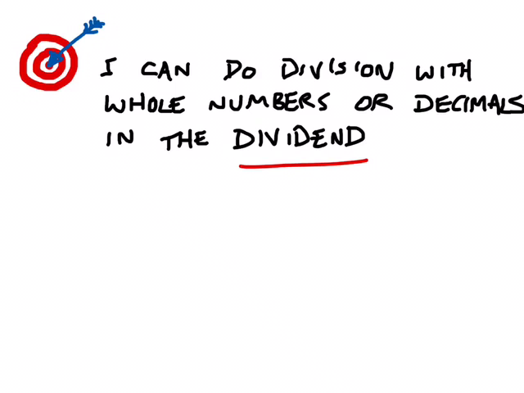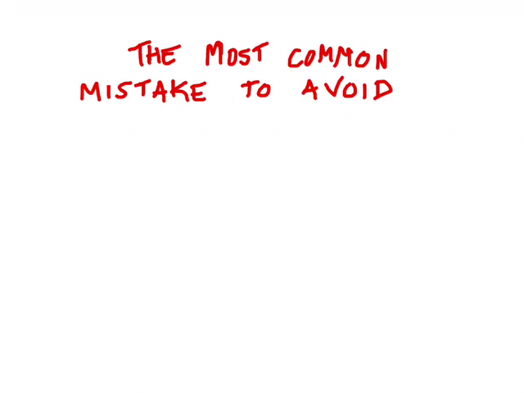But before we get into that, there's one thing that we probably want to touch base on, and that is the really most common mistake that you want to avoid when you're doing division or setting up a division problem. The biggest issue that students seem to have, at least setting up their problems, is the fact that division is not necessarily said in the way that it's set up.